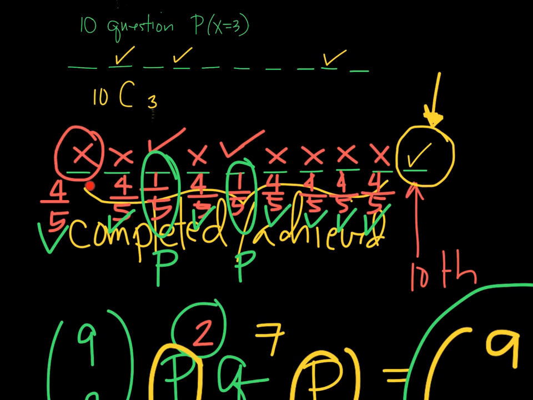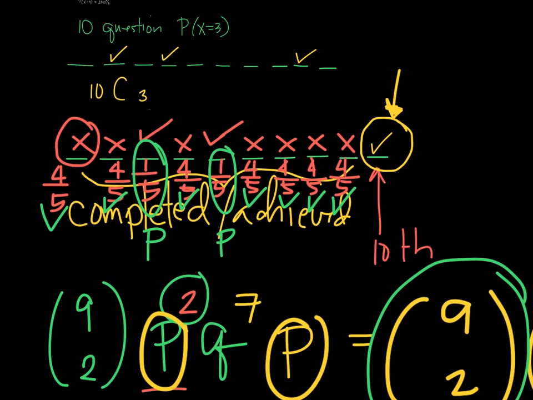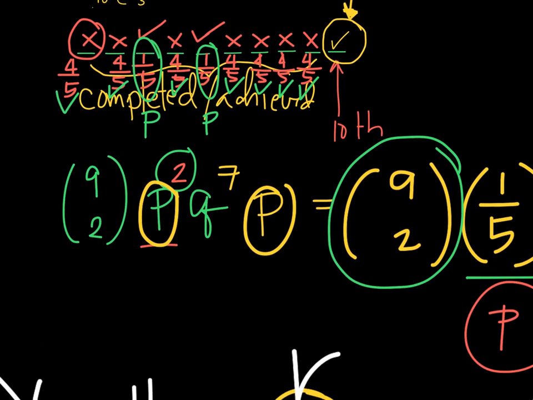And you have 9 options left in which you have to take the 2. That is why we had 9 taken 2. But the p should remain p raised to 3 because of the p squared and p, because you have to get 3 items correctly. And then you have q raised to 7 because you have 7 failures in this set of questions.